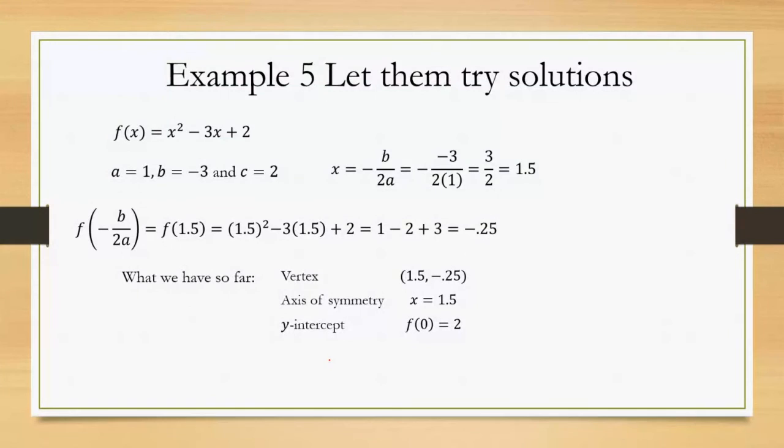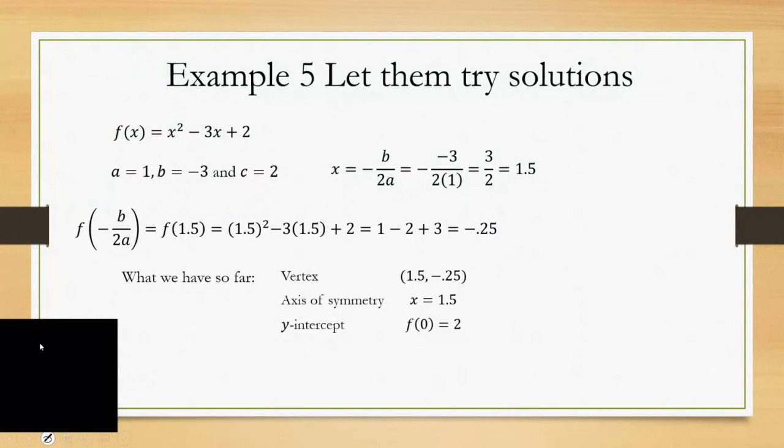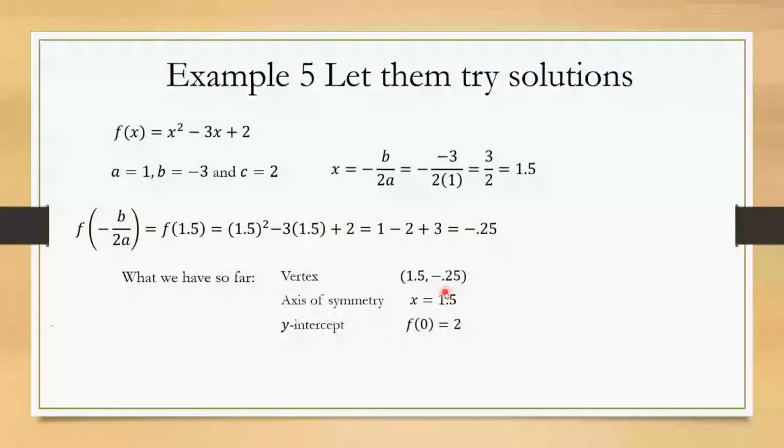So here we have this one. It's not terrible, but it's kind of annoying in the sense that the coordinates of the vertex are not just integers. But you can see that A is 1, B is -3, and C is 2.